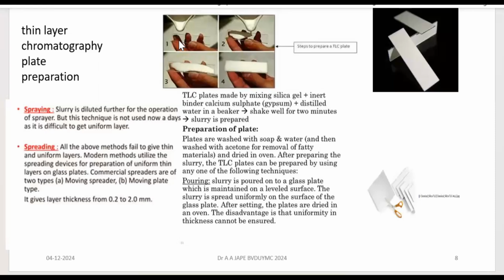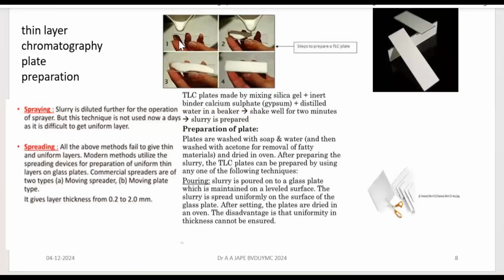So when it is about preparation of a layer of the stationary phase slurry onto the slide, we can just go by pouring it at one end and uniformly distributing it to the other end just by changing the angle of the slide that is going to have the particular thin layer formed on it.